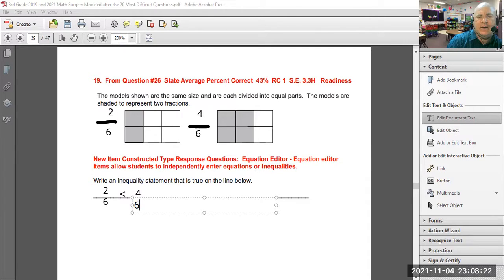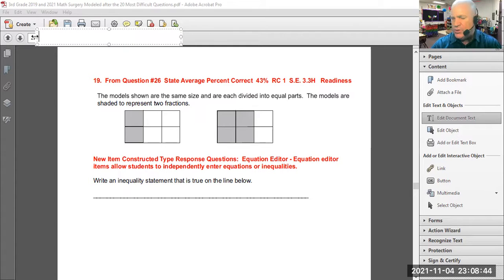But as I take you to the multiple choice, they took it to one level higher, and that's where your students went wrong. That if they would have left it without reducing the fraction or showing groups, your kids would have done fine. But I'm going to clear the drawings and then take you over to page 42.